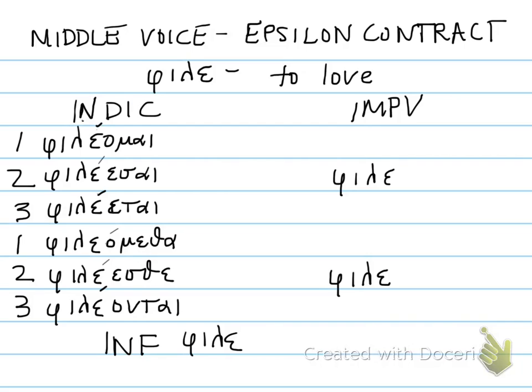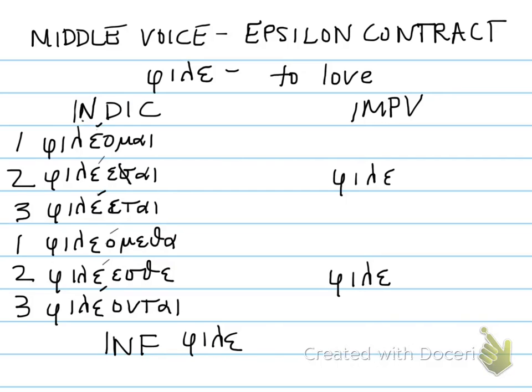Now it's time to do the contractions. Recall that in the second person singular, that intervocalic sigma will drop out, and we need to contract epsilon, epsilon, alpha, iota. The contraction rules that you already know apply.